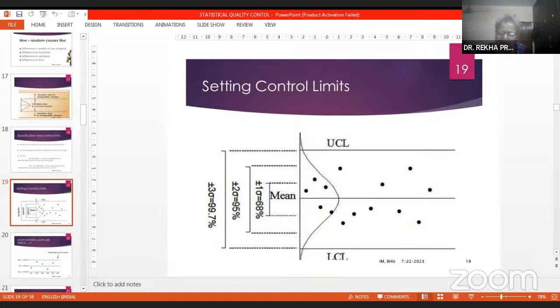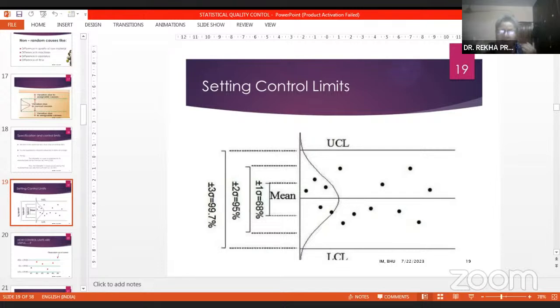One side we say minus infinity, which is less than the mean, and plus infinity, which is more than the mean. So about 68% of the population lies between plus minus 1 sigma.